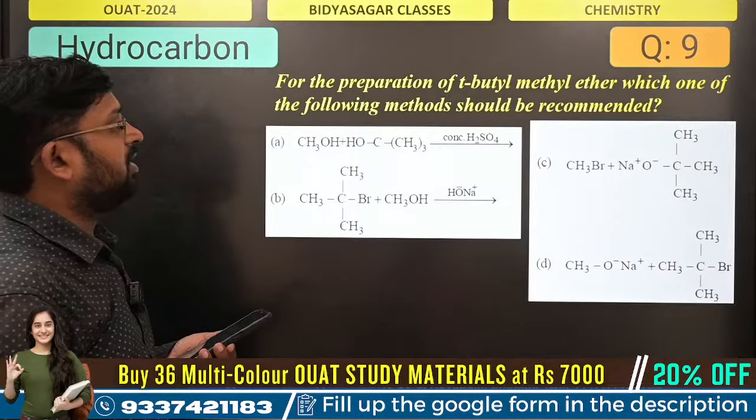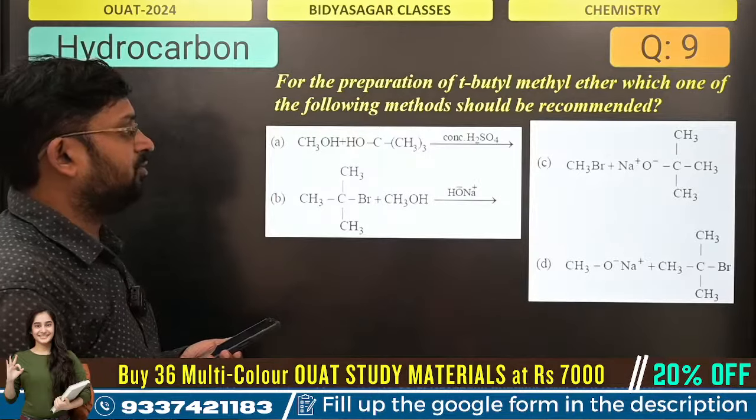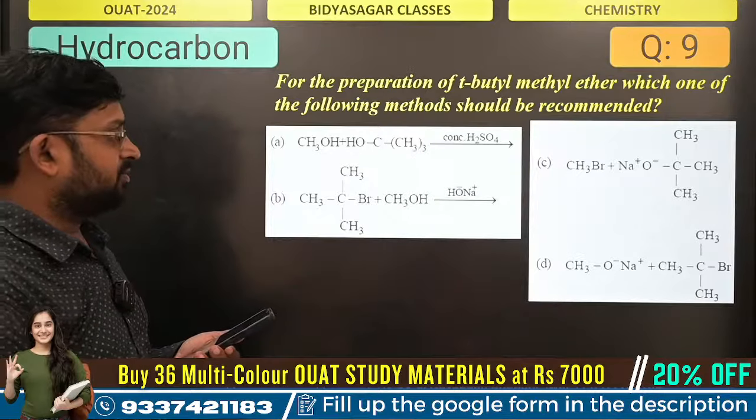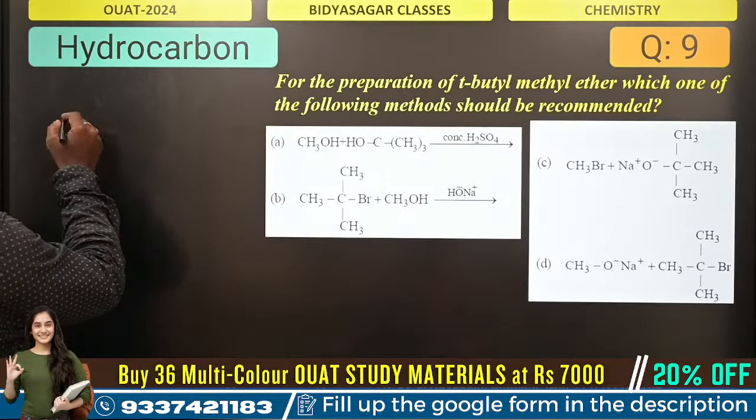For the preparation of tertiary butyl methyl ether, which one of the following methods should be recommended? Very important question. So question number 9, very important. So here you have two options.